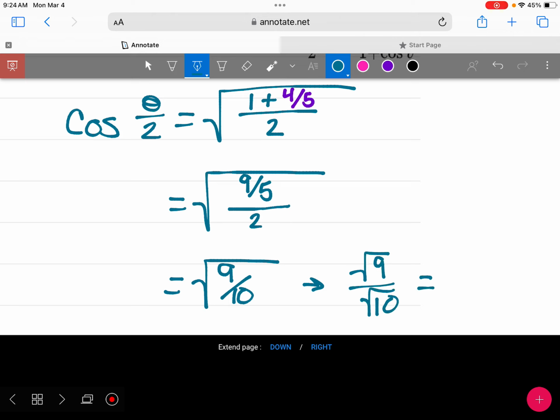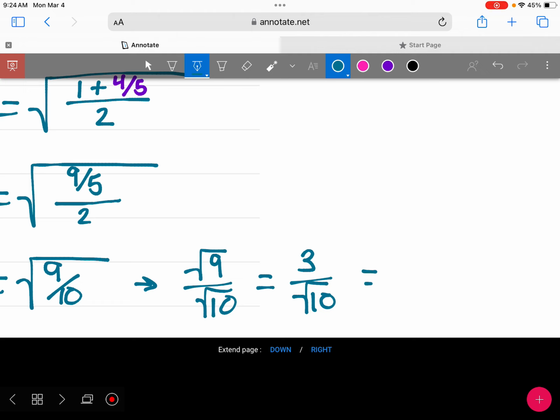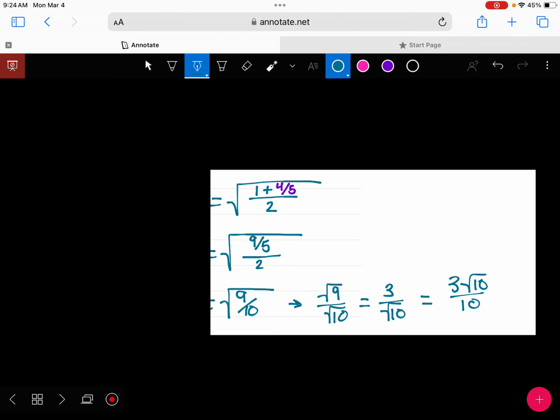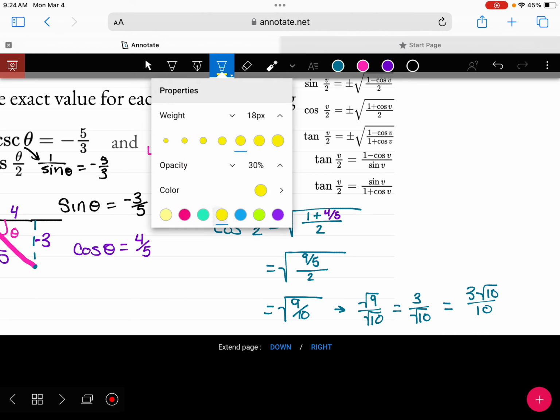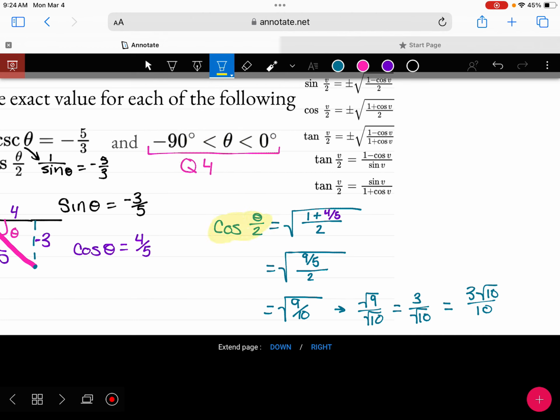Square root of 9, that we know, is 3. So when we rationalize this, what is it going to be? Gorgeous. Perfection. That's exactly what it's going to be. So our cosine of theta over 2 is 3 square root of 10 over 10.